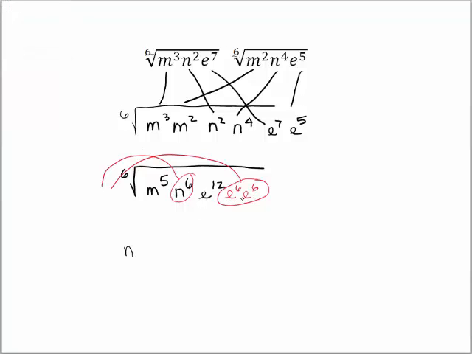And we have 2 e to the sixth. So remember, that comes out as e squared. We have 2 of those. We have to keep our root in there. And what we have left is m to the fifth. All right?